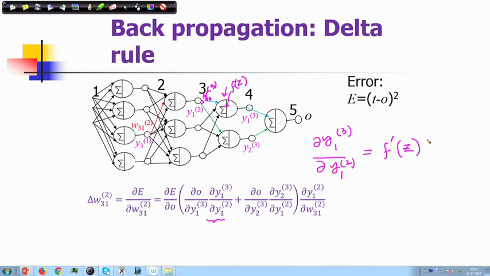We will see whether we have taken any convention. We can also write it as f dash z 1 3 into W 1 1 3. So, this is the expansion.